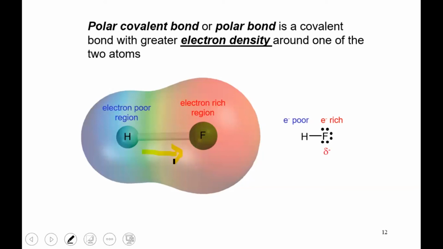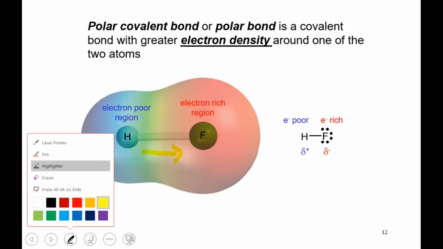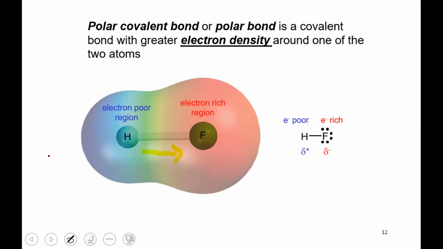This one is going to be the lowercase delta, not the triangle that we use for the capital delta, but the lowercase one. Yeah, it looks like a head with a ponytail or something like that on top. So we would put delta negative for the fluorine and delta positive for the hydrogen, and what these are called are partial charges. Okay, these are not complete charges. So these are partial.